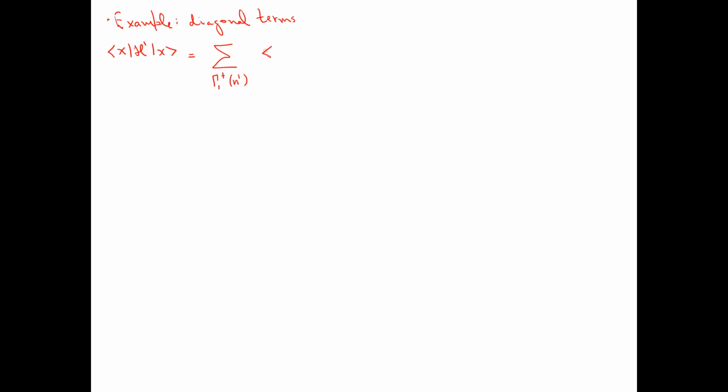So I have matrix elements like that, and the gamma 1 plus representation is a totally symmetric representation, and also the complex conjugate.